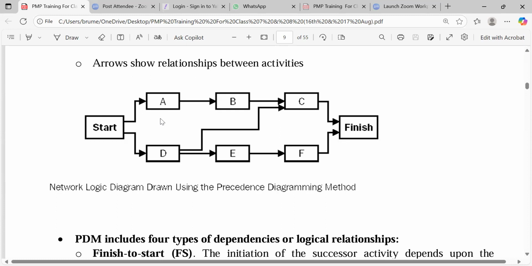Yes. So if activity A is 4 days and activity B is 4 days, the total duration will be how many days? How many days do we need to complete these two activities? If they're going concurrently, it's just 4 days.